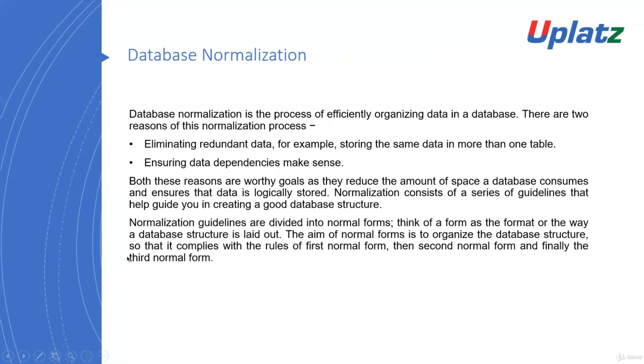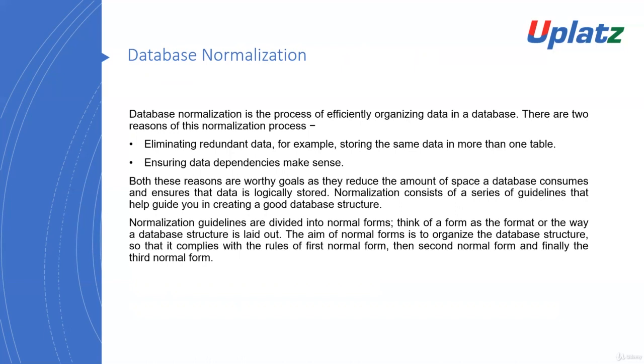Now, let's say you have created an ER diagram and you have created a database. Now comes the part where we have to normalize the database. This normalization is also taken care of when you are creating an ER diagram. But how do you understand normalization and where it is required? That we need to understand. So what is data normalization?